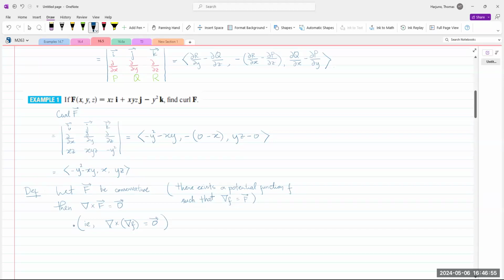Okay, now we will see the interpretation. Again, we will see the interpretation of divergence and curl later on.